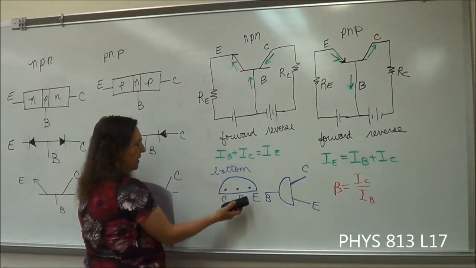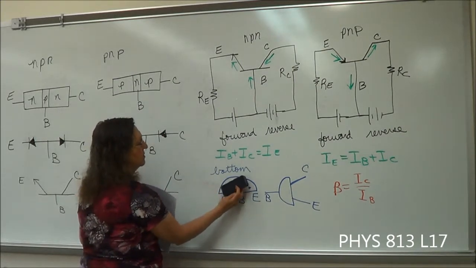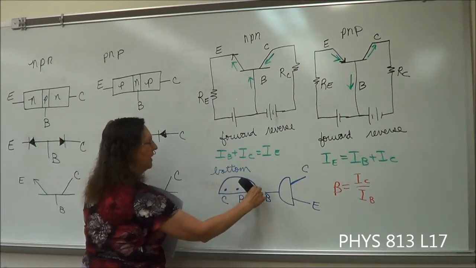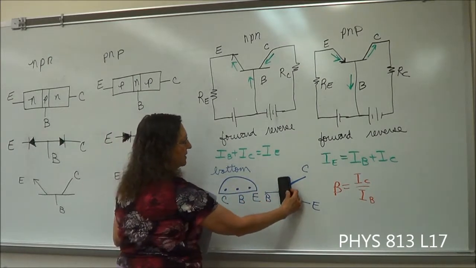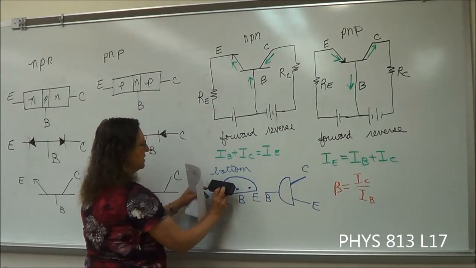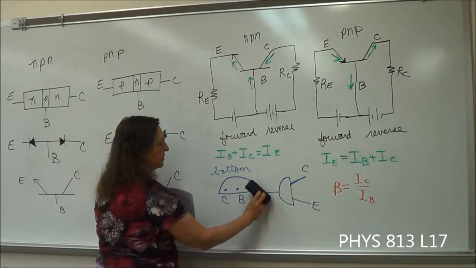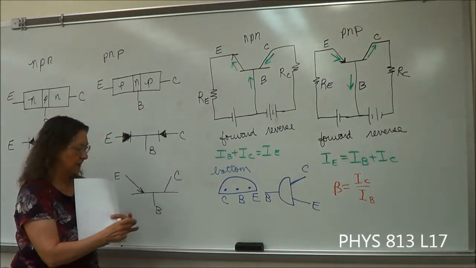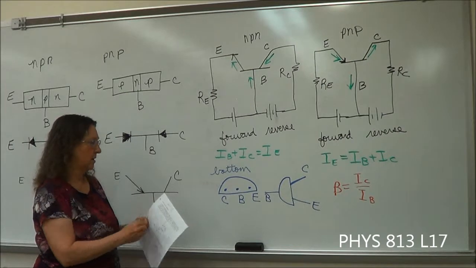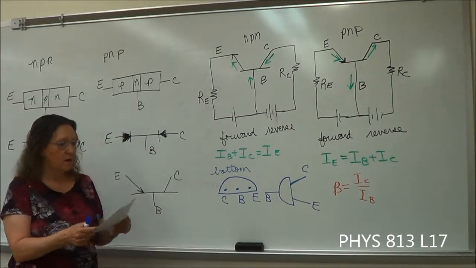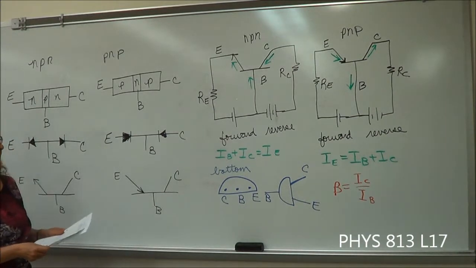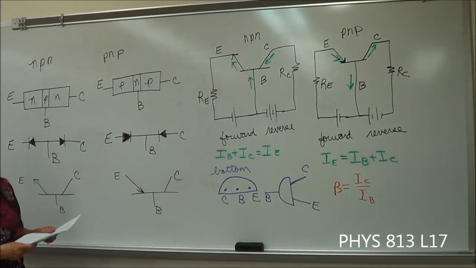So if you turn it over and around and keep the flat side there, then this end over here on the left was the collector, so it becomes this top side, which is the collector. So you may have to look at those a little bit and think about that. Okay, so that's really all of the preliminary information.